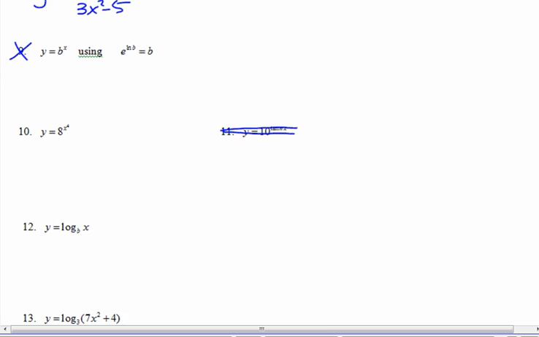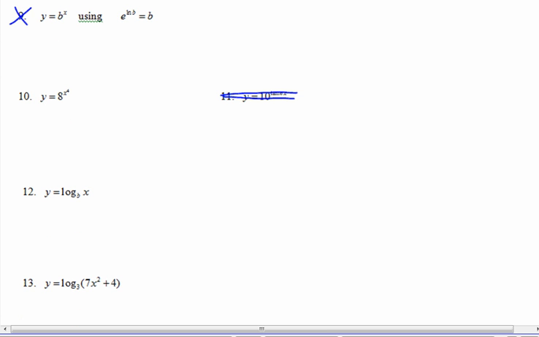Okay. Let's try this guy. So we're using this on the other page. It said the derivative of b to the power of u was equal to what? B to the u times natural log of our base times the derivative of our exponent. Okay, so let's derive this guy.